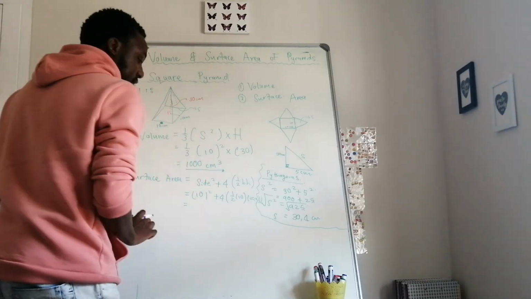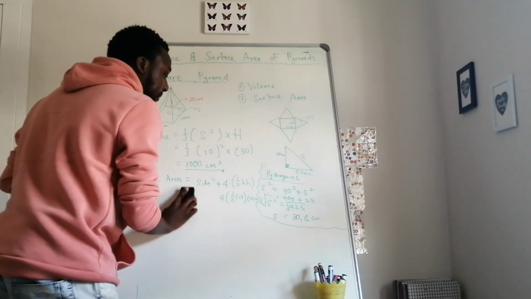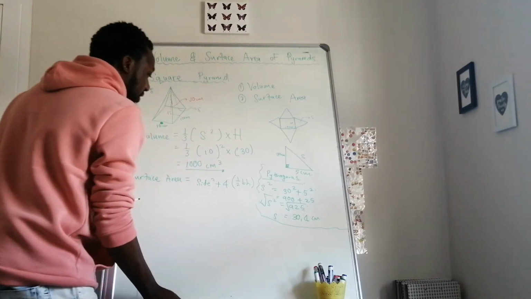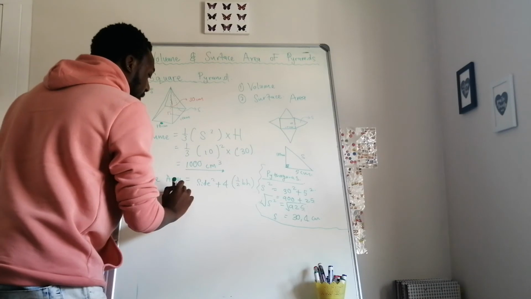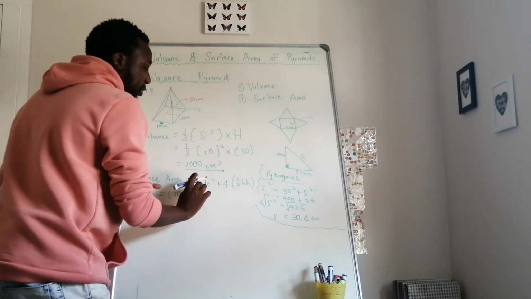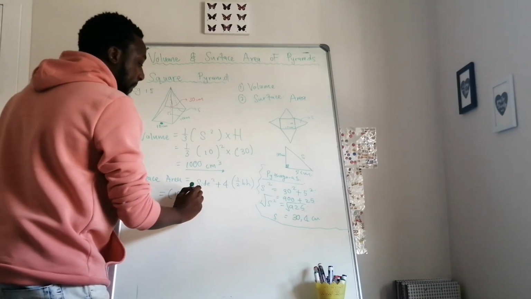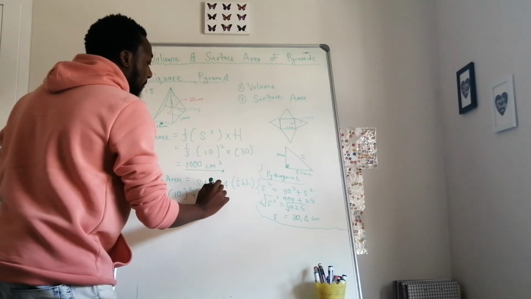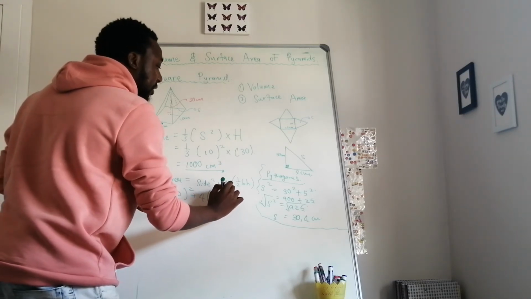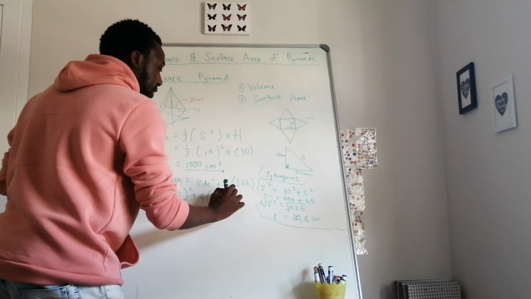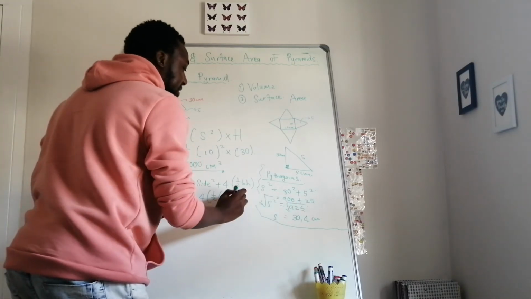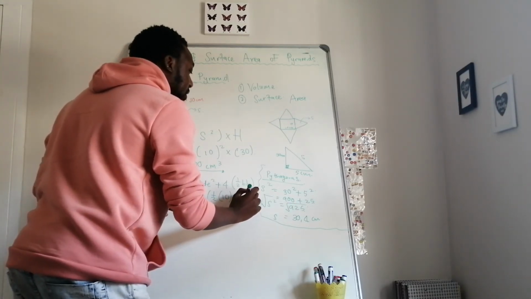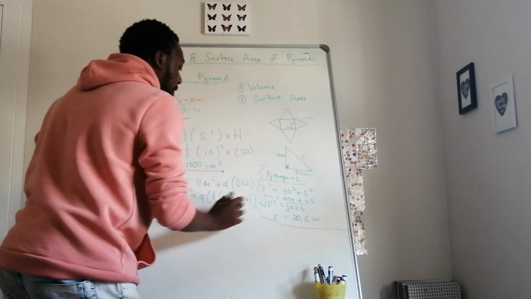And let me just rewrite this properly so you can see it. It is equal to 10 squared, which is the side squared, plus 4 half. The base there is 10 as well, but the height is this 30.4, and that's how it looks.